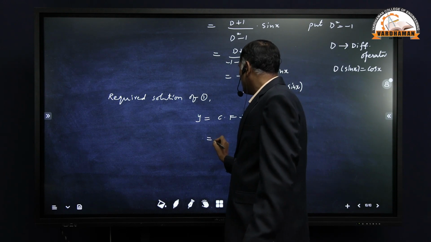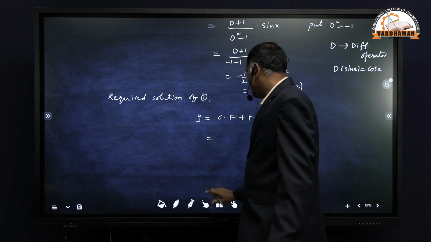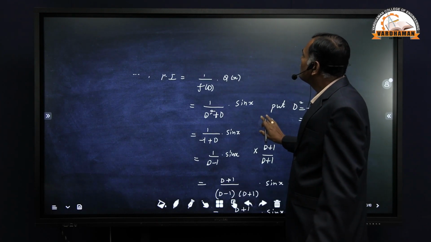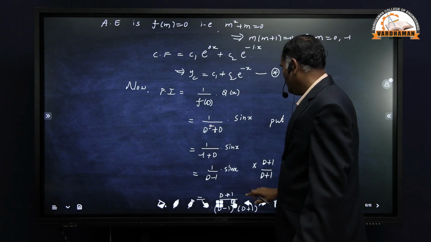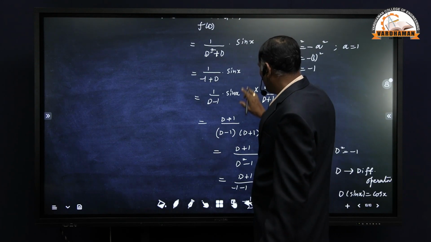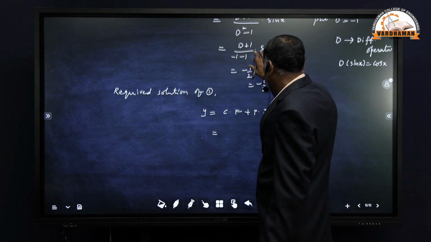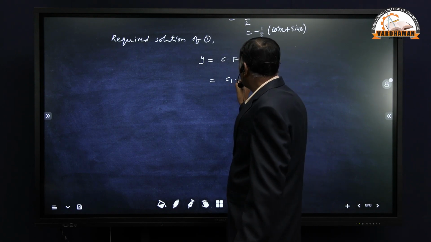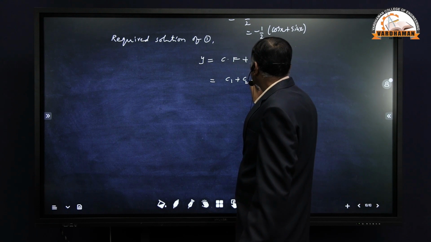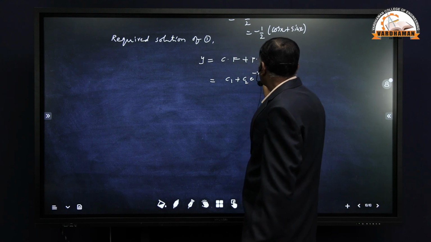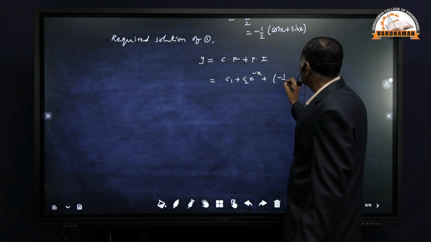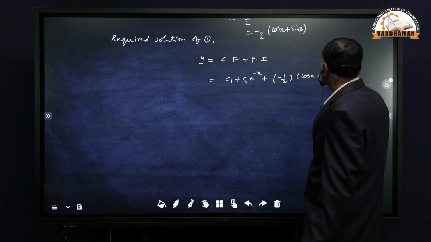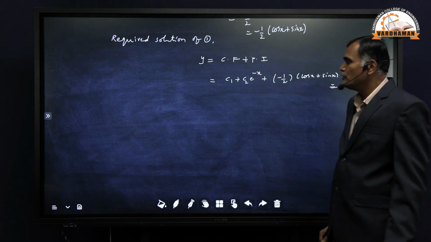The complementary function in this case is c1 plus c2 into e power minus x. The particular integral is minus 1 by 2 times (cos x plus sin x). Now this gives the required solution of the problem.